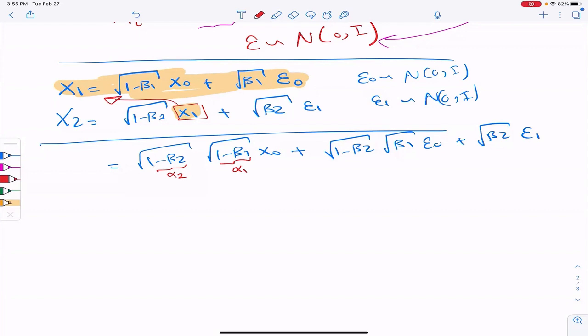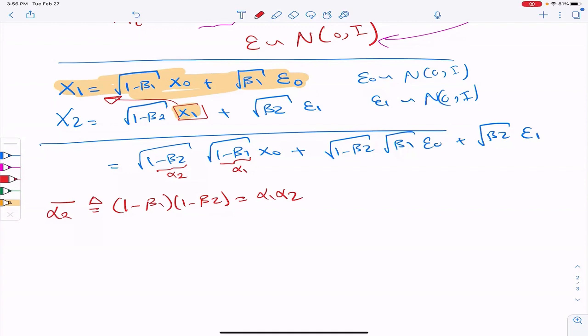And I'm going to define a combined alpha: 1 minus beta 1 times 1 minus beta 2, which means alpha 1 times alpha 2. Alpha 2 bar means I'm just multiplying alphas up until that point. Just a definition for simplifying my notation, nothing really fundamental here.